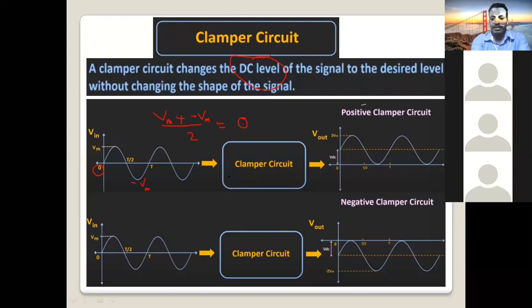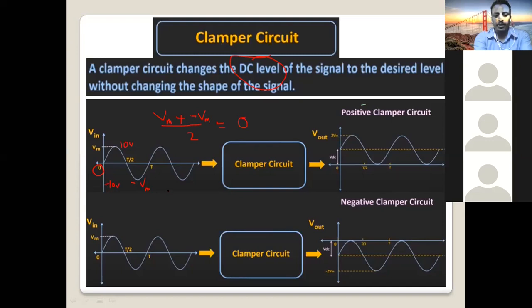After the signal passes through this clamper circuit, what is the maximum value? Let's say again the input signal has maximum voltage 10 volt, peak value. On the negative side, we have minus 10 volt. This is a peak value, this is also a peak value.